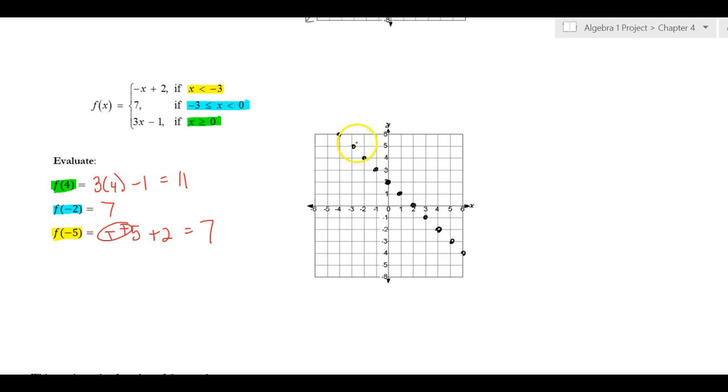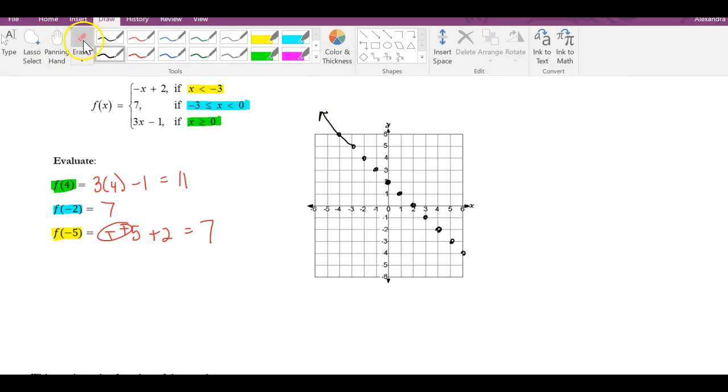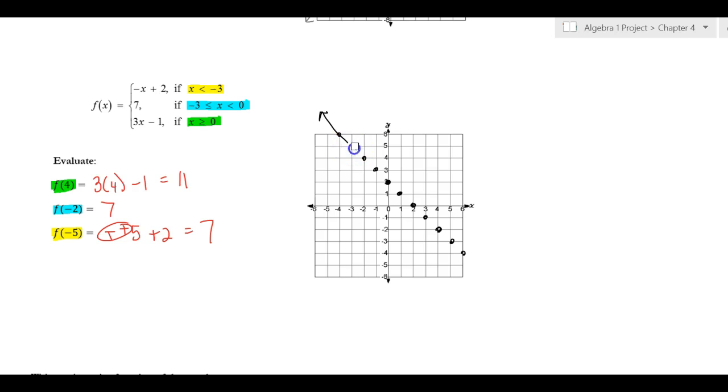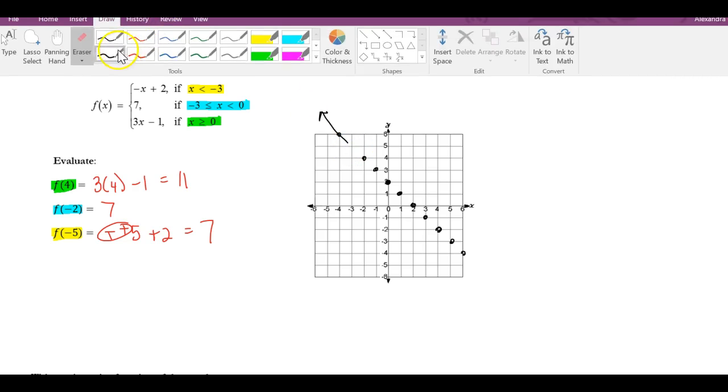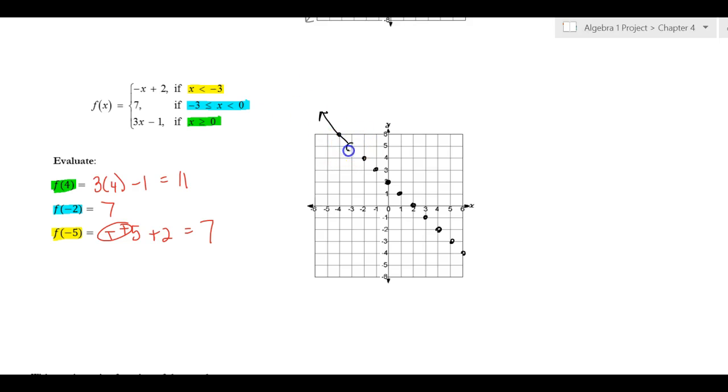Well, -3 is right here, so that's where I'm going to start my function, and it's going to go this way. But I'm going to erase it so I can make a better looking open circle. And so now it's an open circle at -3 going up. So all of these points over here I don't need because they're greater than -3, and I just want when x is less than -3.